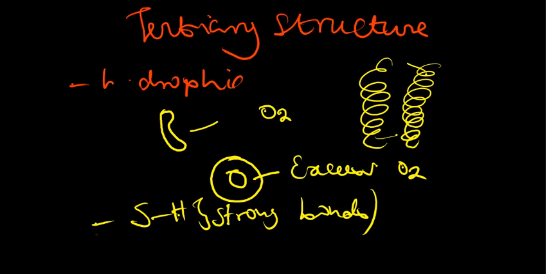Now, in this tertiary structure, these proteins are globular in shape, so they appear to be a globe. The three-dimensional structure is further stabilized by the disulfide bonds in the cysteine. Remember, we said we only have two amino acids that are sulfur containing: methionine and cysteine.